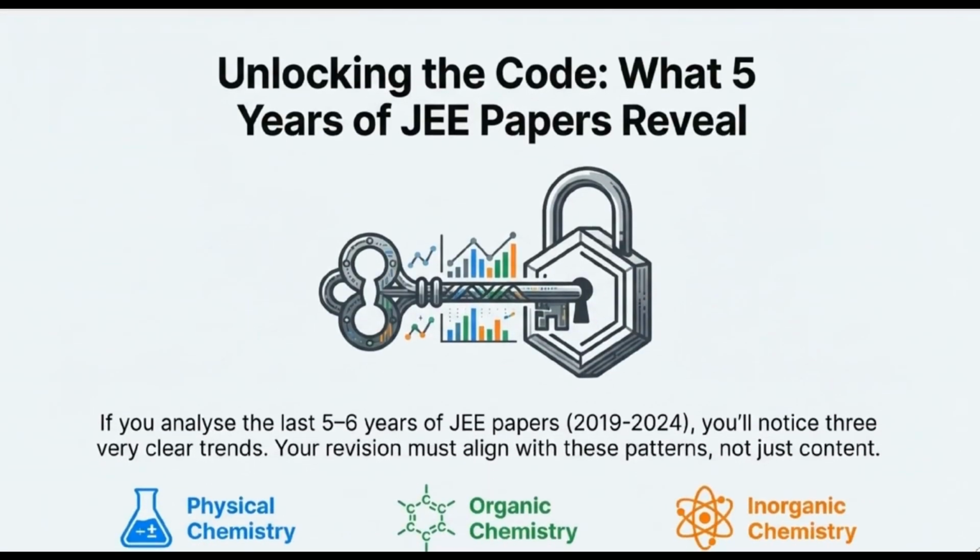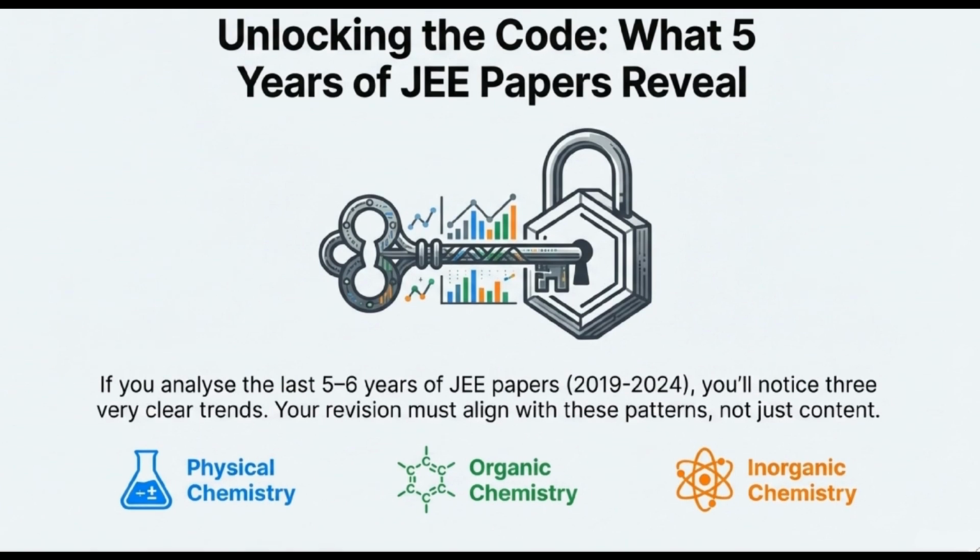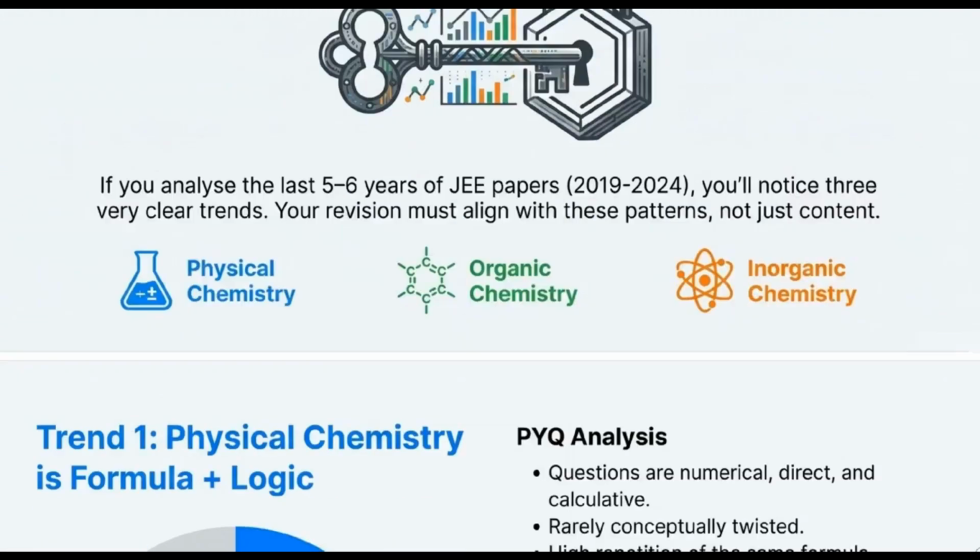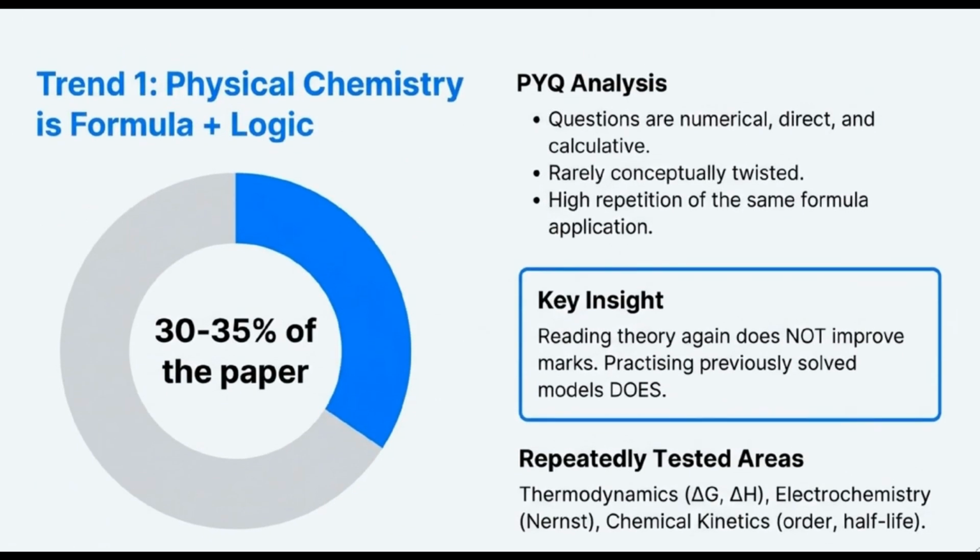If you analyze the past 5 to 6 years of JEE papers carefully, you will notice 3 very clear trends. The first trend is physical chemistry formulas. Formula plus logic will give you 30 to 35% of the marks from chemistry.